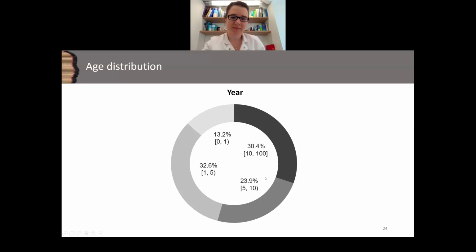Almost 70% of the data comes from ages below 10. When the patients are still babies below 1 year old, they are around 13%, and 32% are between 1 and 5 years old, and 23% between 5 and 10 years old.